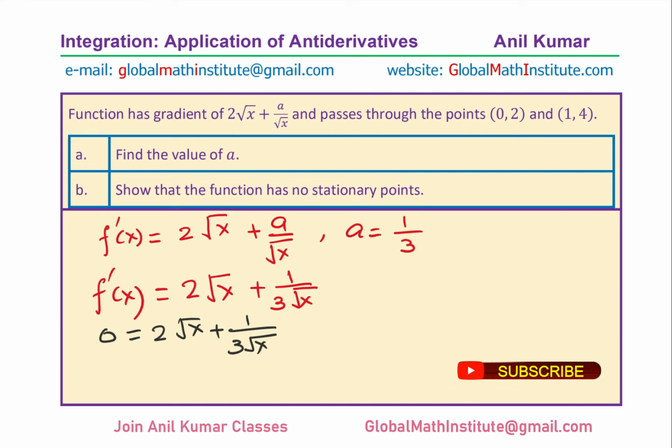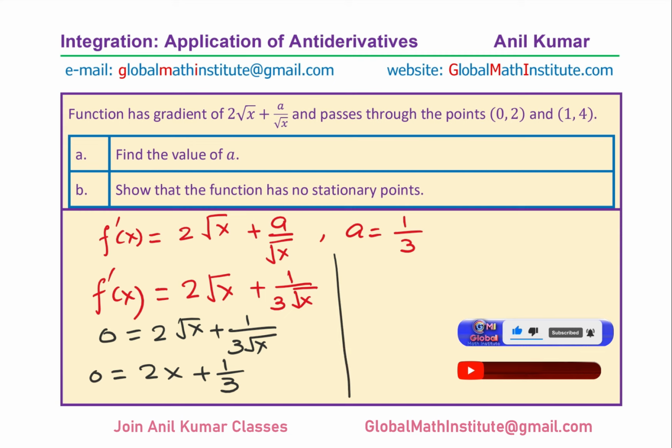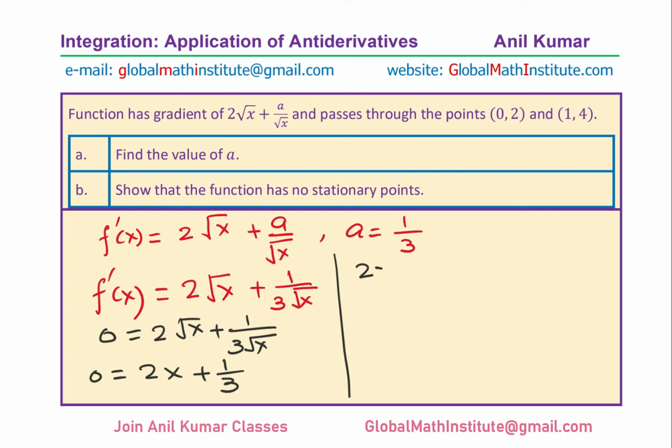Multiplying by square root x, we get 0 equals 2x plus 1 over 3. And from here, we get the value of x. So 2x is equal to minus 1 over 3, or x is equal to minus 1 over 6. So we have a stationary point at x equals minus 1 over 6.